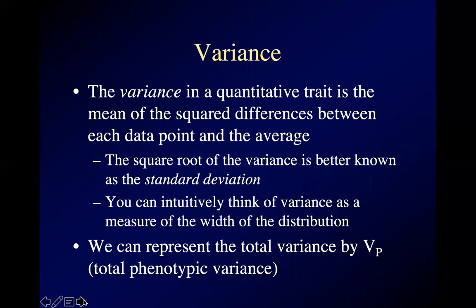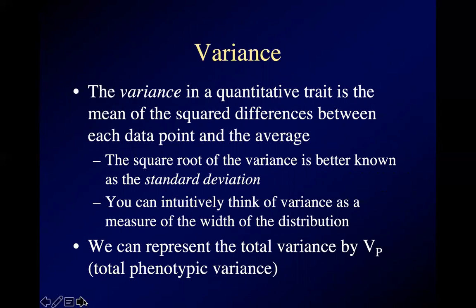When we have some quantitative trait, like we could measure everybody's height in this class. I mean, I couldn't do it now because we're scattered, but I could have you report all of your heights. And that would be our data set. And of course, we could take the average and we could calculate something called the variance. And that's the mean of the squared differences between each data point and the average.